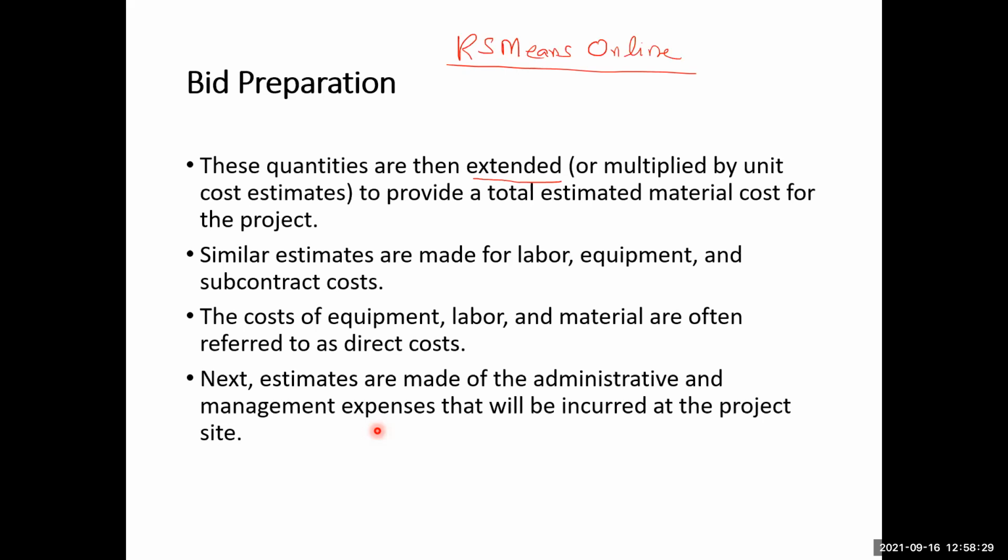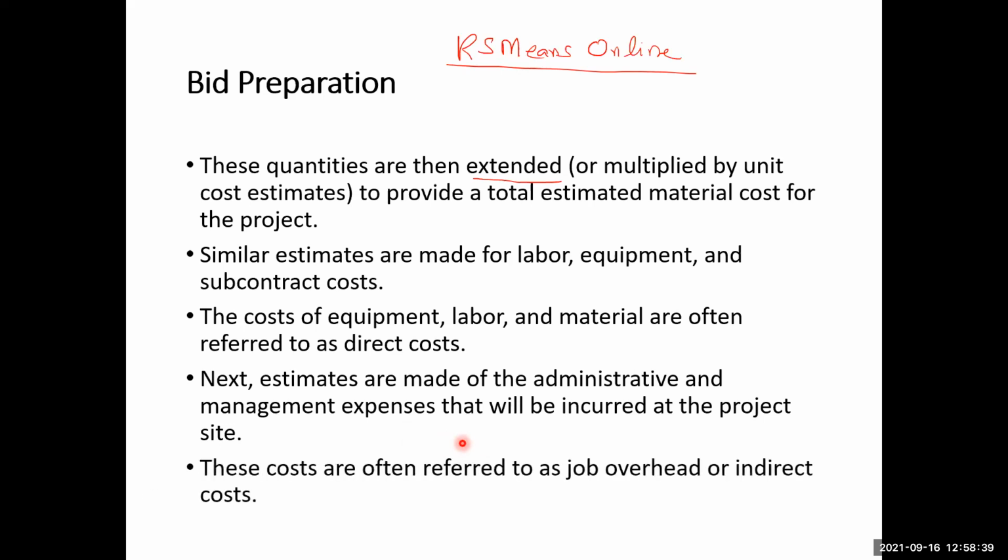All these are the indirect costs. So we need to also add those indirect costs as well. Okay. So these costs are often referred to as the job overhead or the indirect costs.